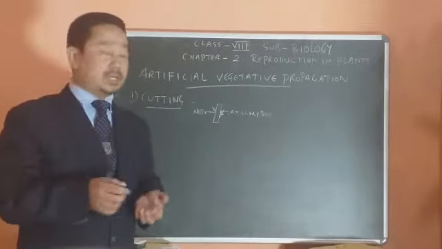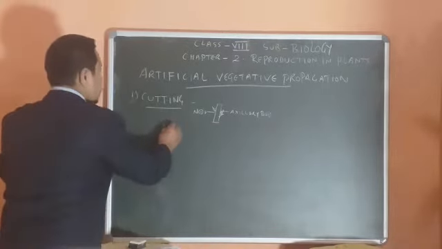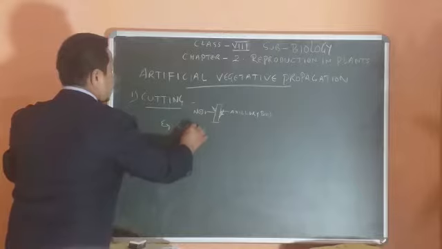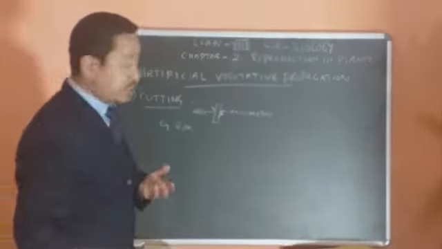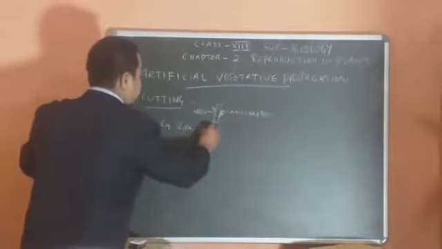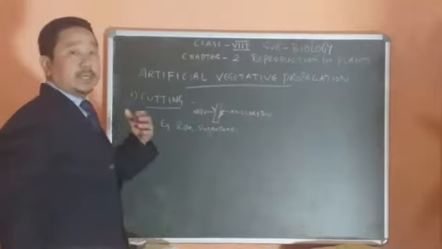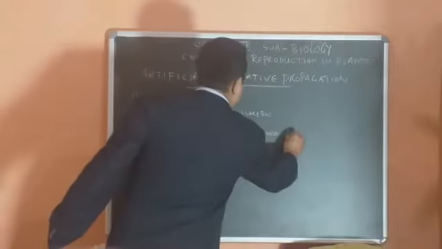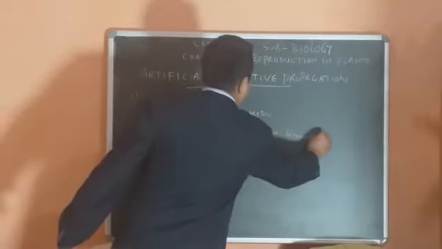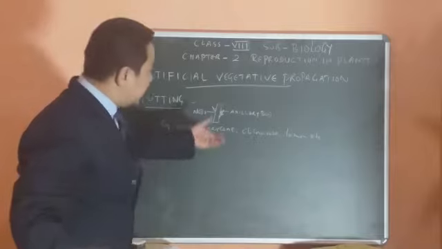For example, rose, sugarcane, China rose, then we have lemon, etc. So we select those plants.